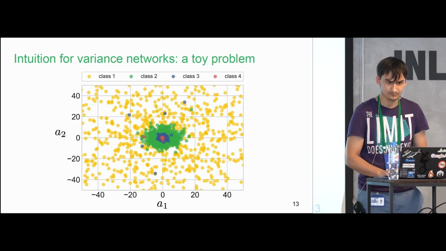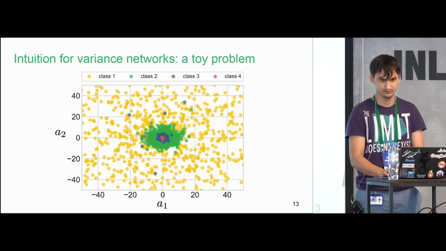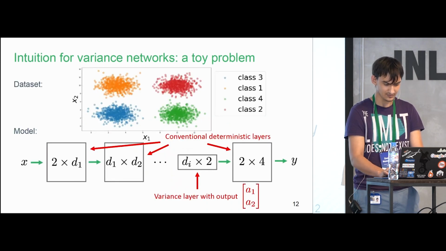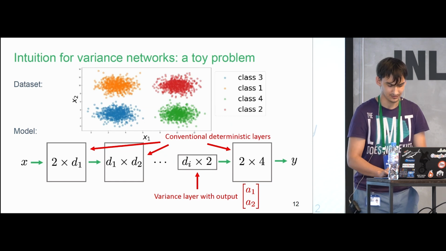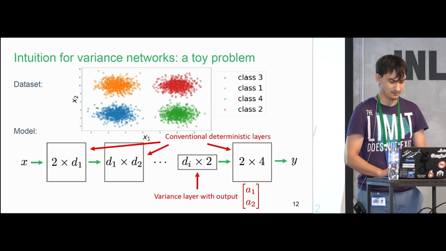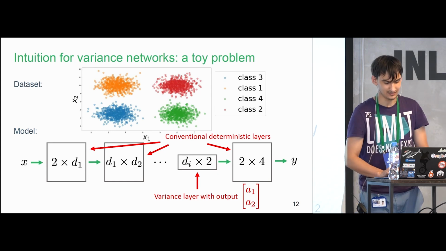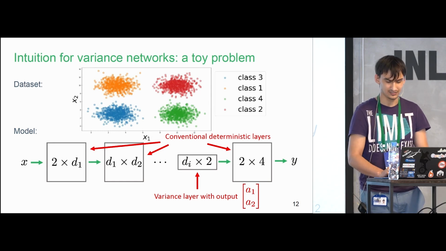Yes? So if the KL term is constant, does it mean we cannot really overfit on this model? Well, it depends on how you define overfitting. This model is quite difficult to train, right?